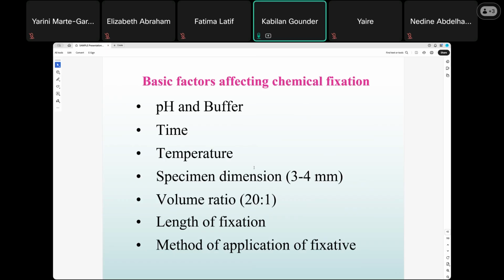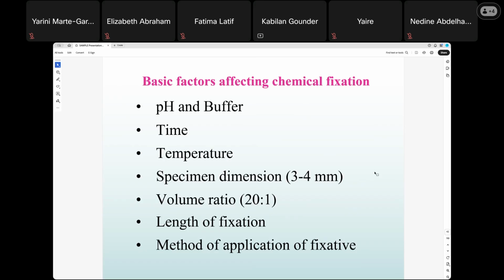The pH is important. Also, how long you preserve the samples is important. So fixation plays an important role in maintaining the integrity of your samples.